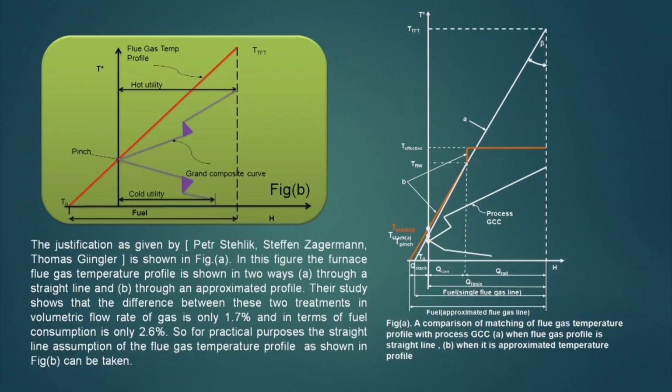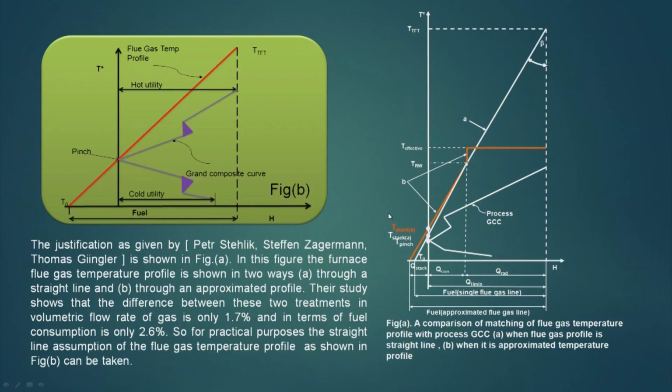So, if it moves in this direction, the stack losses will decrease. That means, if this beta angle is less, then the stack losses will be less. So, the question now is whether to represent the hot utility temperature profile by this line or by this red line.